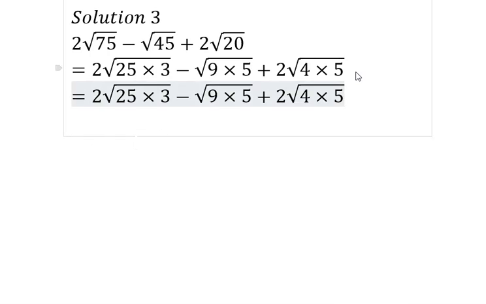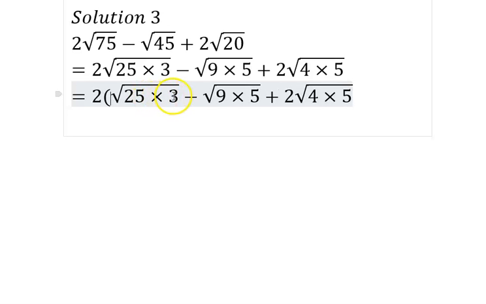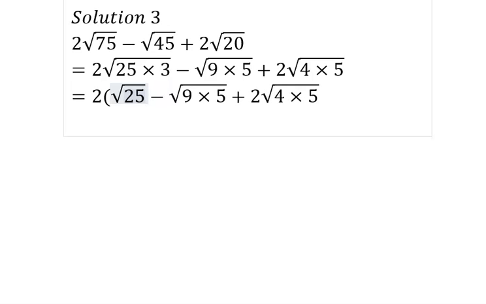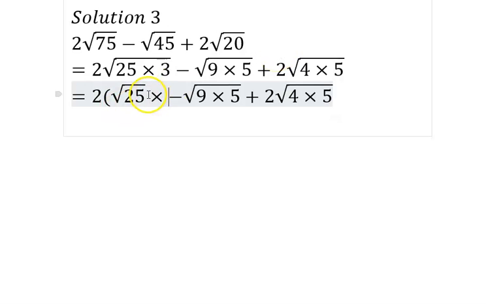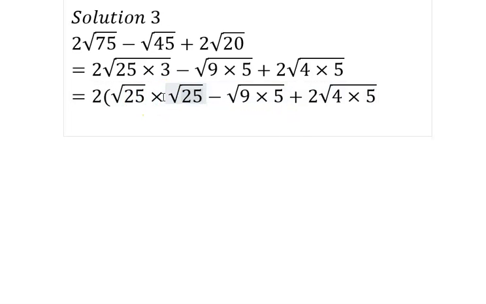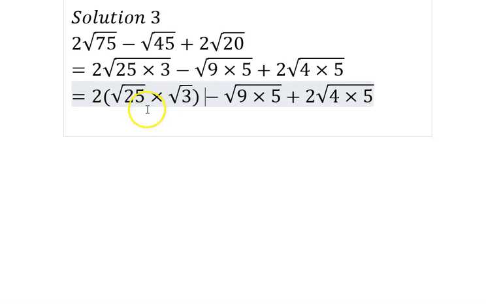Awesome. So with this now, we can split what we have here. We can split it. Root 25 times root 3 as usual. Minus, you can split what we have here as well.